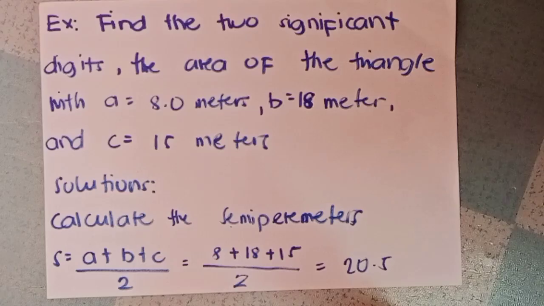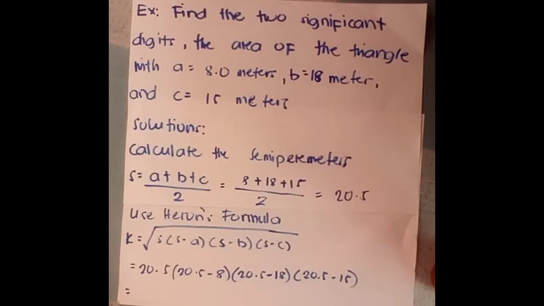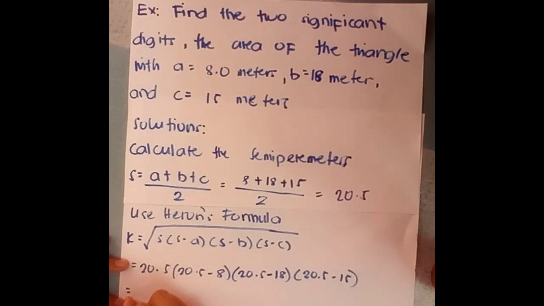After getting the value of the semi-perimeter, use Heron's formula, which is K equals square root of s times s minus a times s minus b times s minus c.